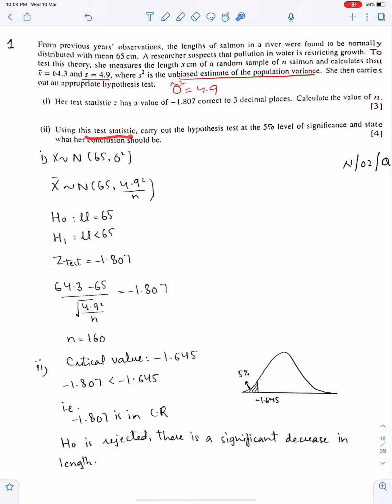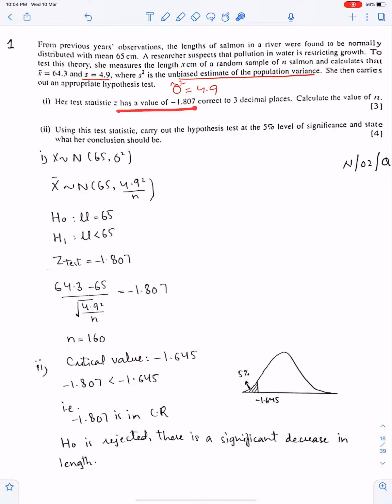Using this test statistic, carry out the hypothesis test at 5% and state what her conclusion should be. So this is so simple. See, z-test is minus 1.807. This is given. Let me explain the first part again.